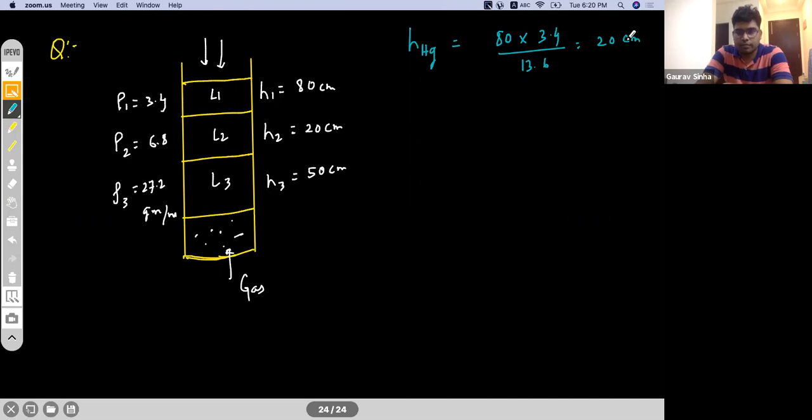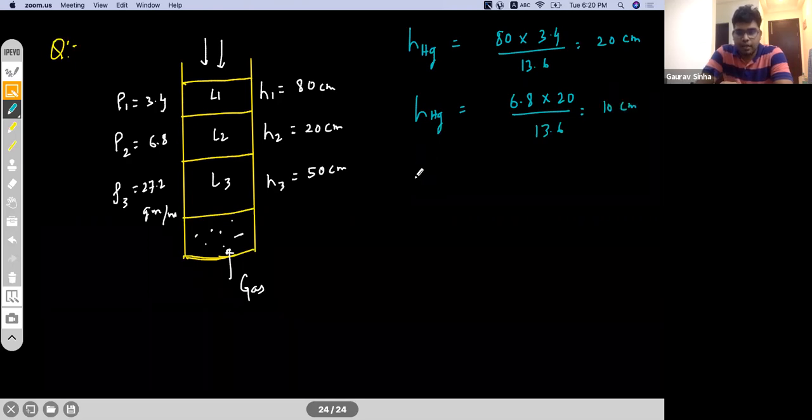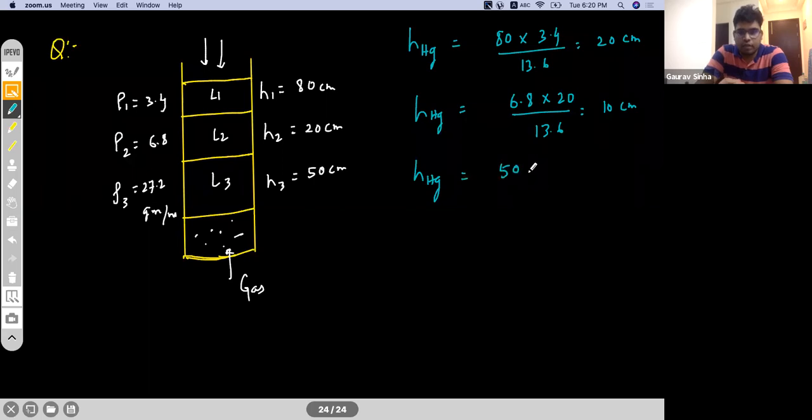Similarly, for the second liquid, the corresponding height of the mercury column would be 6.8 density, 20 centimeter height, divided by 13.6. This we are getting 10 centimeter. H of Hg for the third liquid is 50 into 27.2 divided by 13.6 equals 100 centimeter.